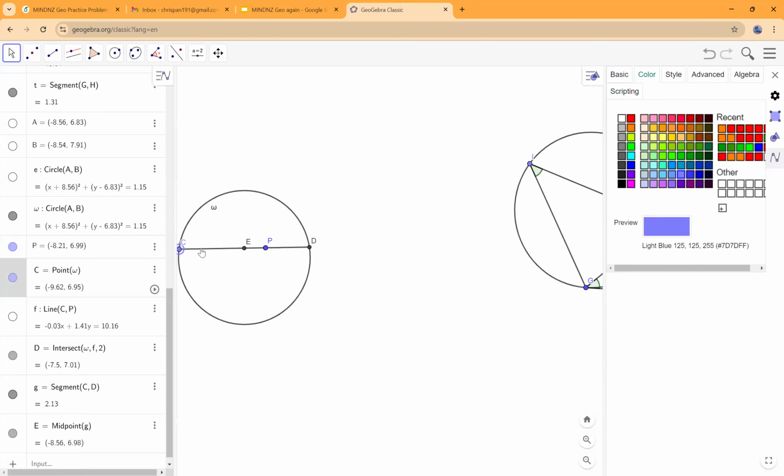Okay, so the way you do this is, when you have something that says for every blah blah blah, we have blah blah blah, let's take specific chords that go through P to get information. So what are some nice chords that we can take that go through P that give us information? What are some special chords that we know in a circle?